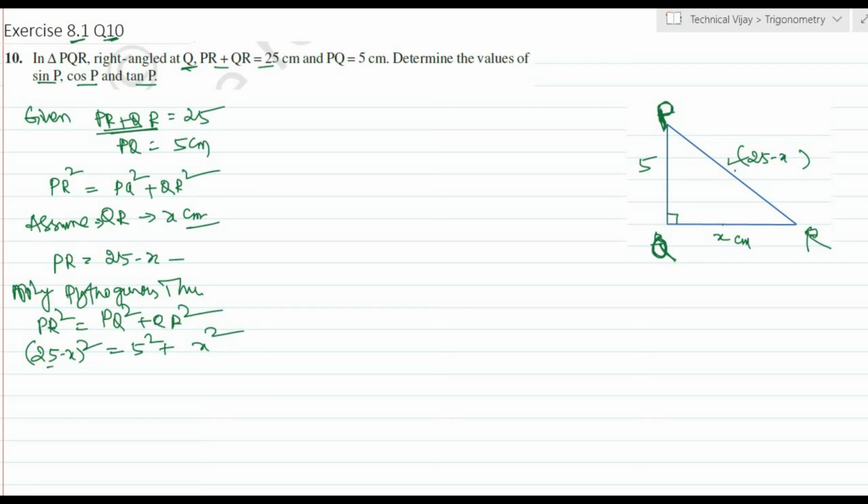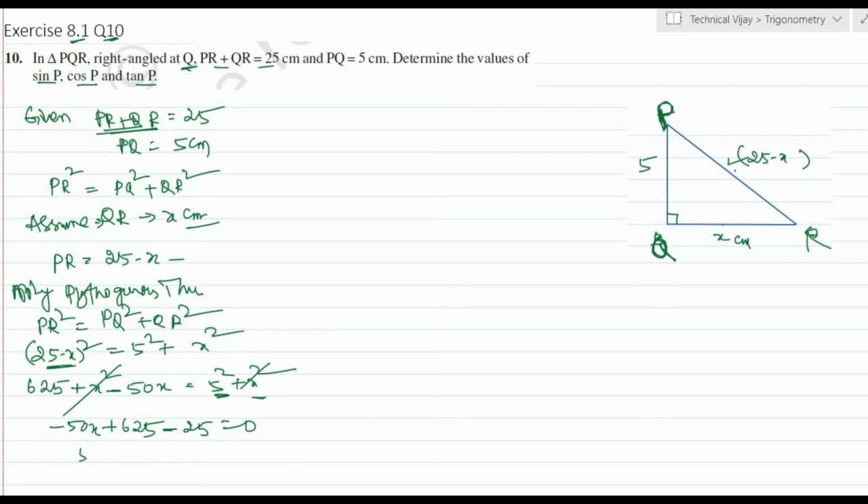Okay, so we will simplify this one. 25 square, that is 625, minus 50x, using a minus b whole square is a square plus b square minus 2ab, plus x square is equal to 5 square plus x square. So x square will be cancelled. Minus 50x plus 625 minus 25 is equal to 0, because 5 square is 25. This I have brought to LHS.